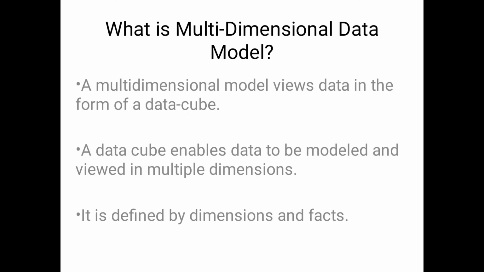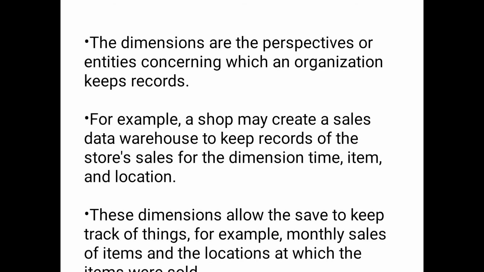And next, what is a multidimensional data model? A multidimensional model views data in the form of a data cube. A data cube enables data to be modeled and viewed in multiple dimensions. It is defined by dimensions and facts. The dimensions are the perspectives or entities concerning which an organization keeps records.